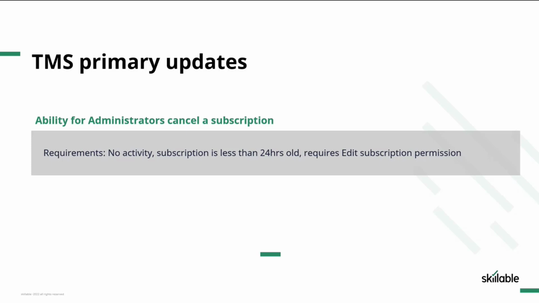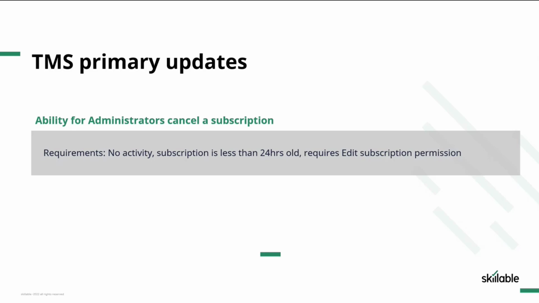Okay, however, there are a couple of rules for this to work. The first thing is the user must not have launched a lab from that subscription that you want to cancel. If they've launched a lab from that subscription, that means they're keeping that subscription, and there's going to be a charge for that. The second requirement is the allocation of the user to the subscription must have happened within the last 24 hours.